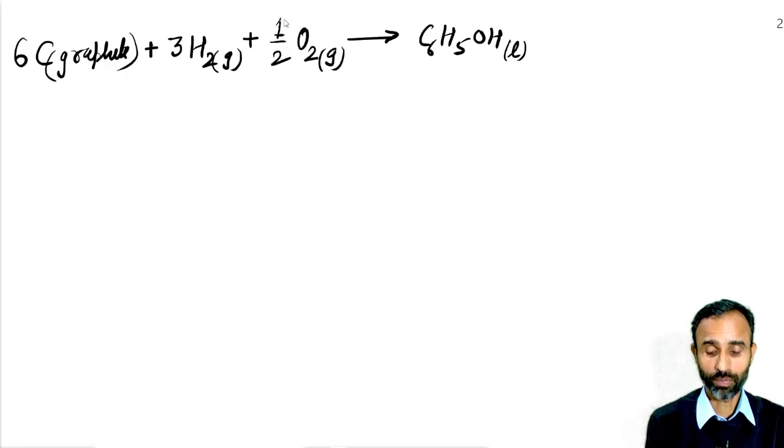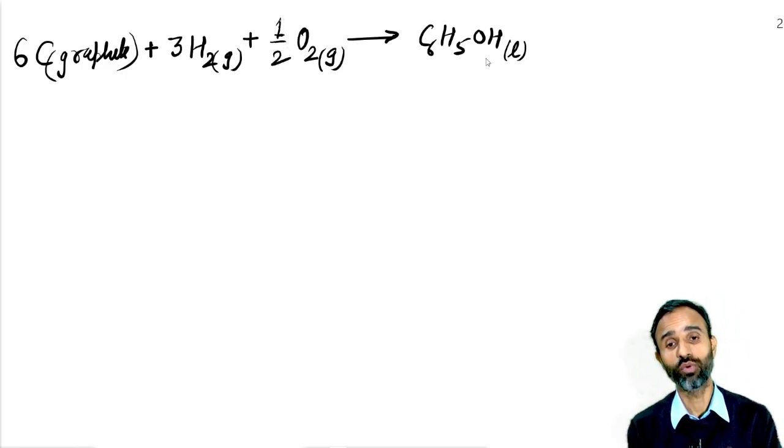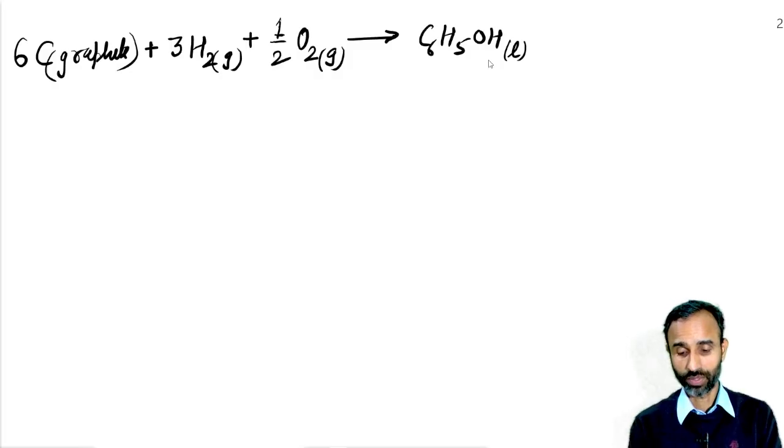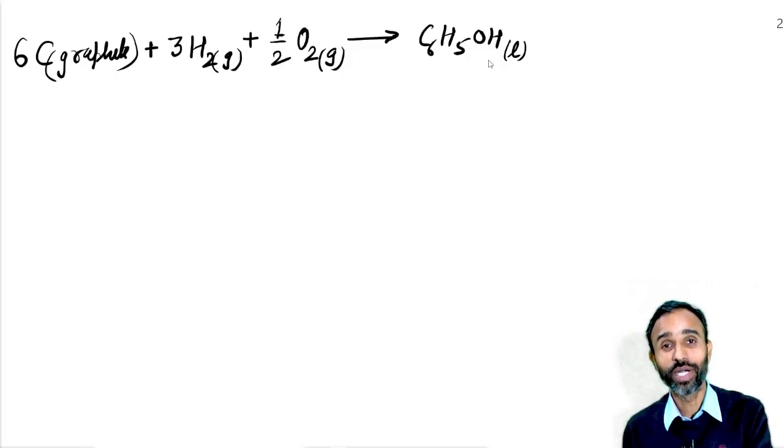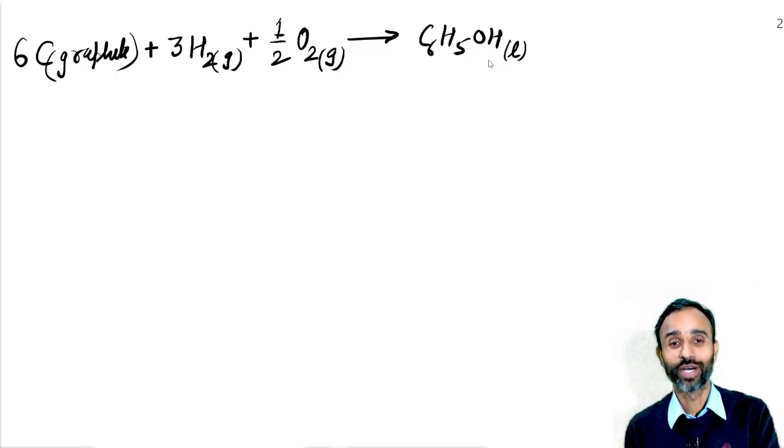Keep in mind that C6H5OH should be 1 on the right side, and in that way you will balance the elements. There is half O2, but don't multiply by 2, otherwise it becomes twice the enthalpy of formation.